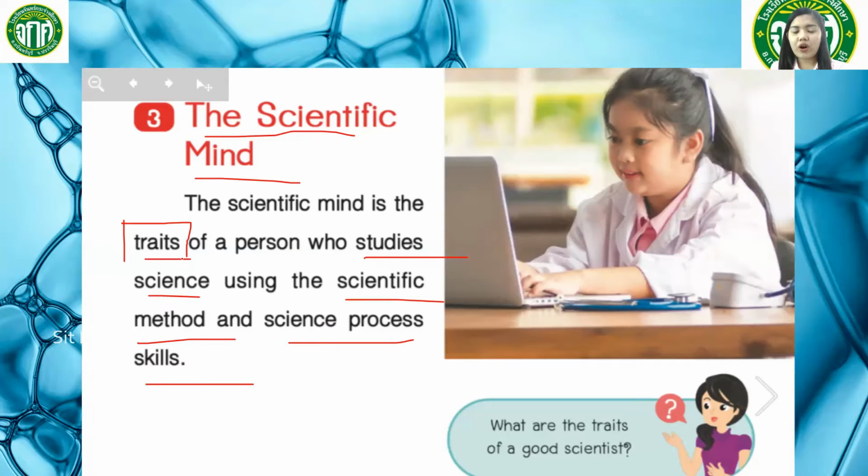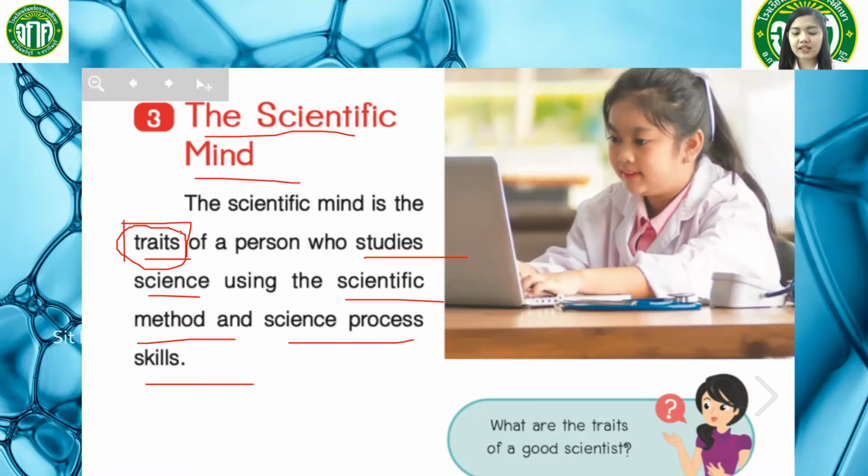So if you are a person who has a scientific mind, you should have these characters or traits. Okay, so what are those traits of having a scientific mind?